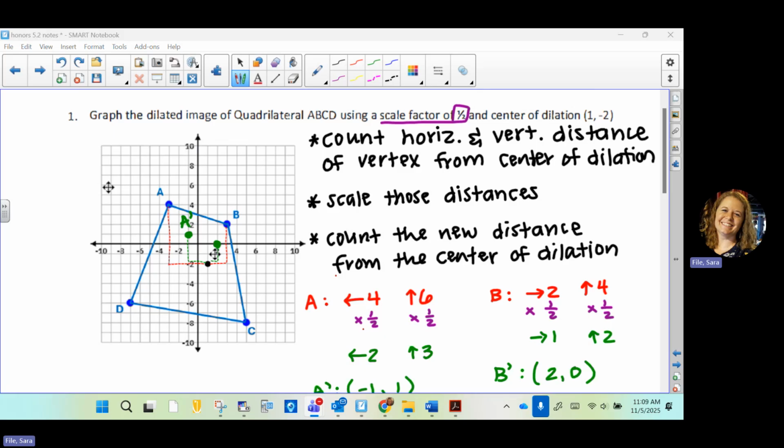Or you could go in Desmos graphing and plot your point A and your center of dilation and count it on the screen on your graph. You're not going to be able to do that on your test. You're not going to have a graphing calculator on your test. But just instead of graphing on paper, if you want to graph on Desmos just to plot your points and count, that's a fine option. Are we good? Okay.